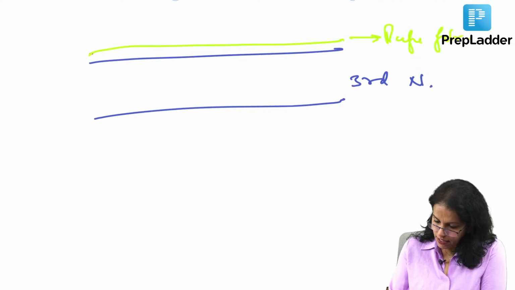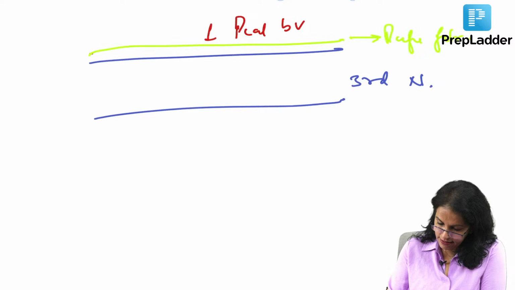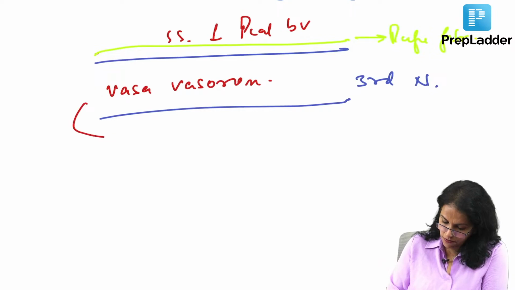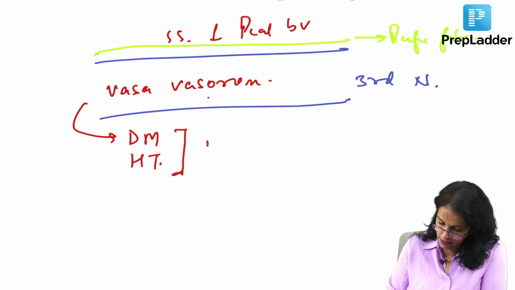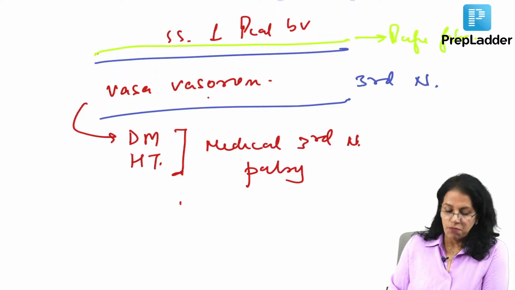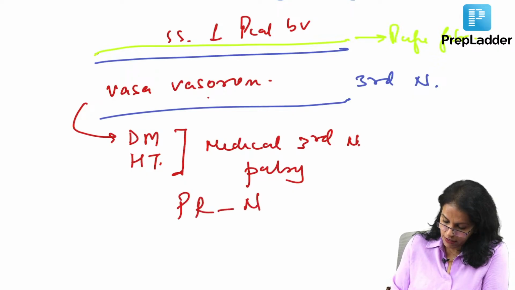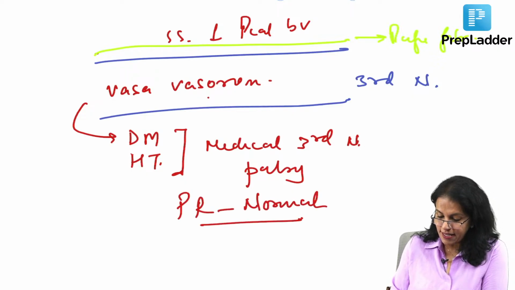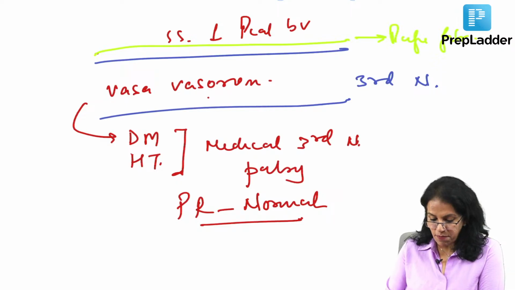And so these pupillary fibers are supplied by pial blood vessels, right? And this core is supplied by vasa vasorum. So in case of diabetes, hypertension, this is involved. So this is what is called medical third nerve palsy, and in medical third nerve palsy, what do you get? Pupillary reactions will be normal because pupillary fibers are spared. But if there is any compression here, compressive lesion, isn't it?